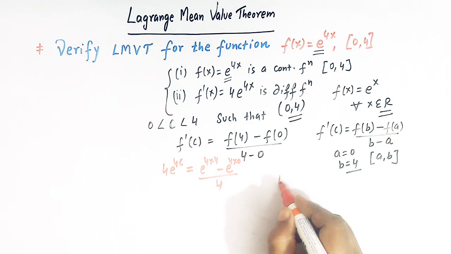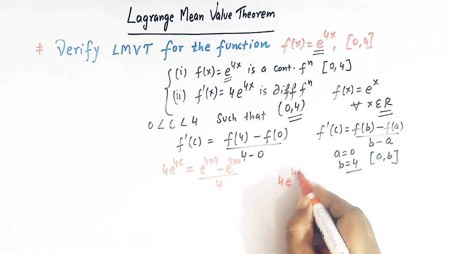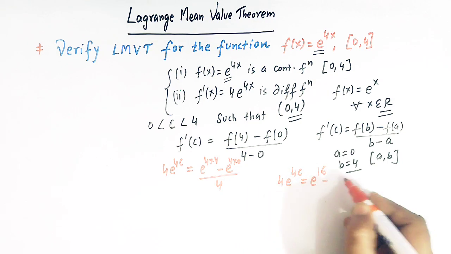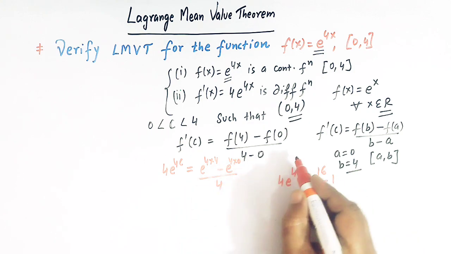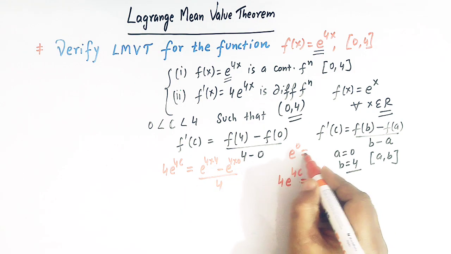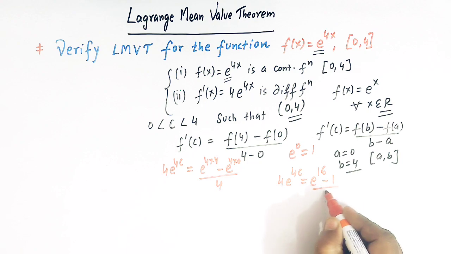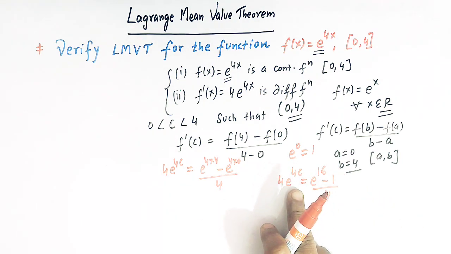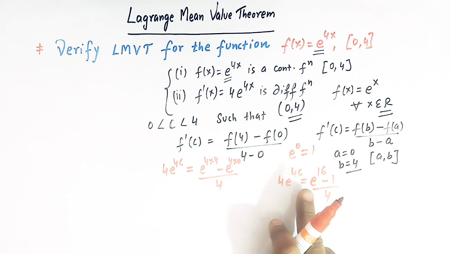So we have 4 times e raised to 4c is equal to e raised to 16 minus 1, because e raised to 0 is 1, and here we have 4, right? So now we have an equation in c, and we have to find the value of c from this equation.